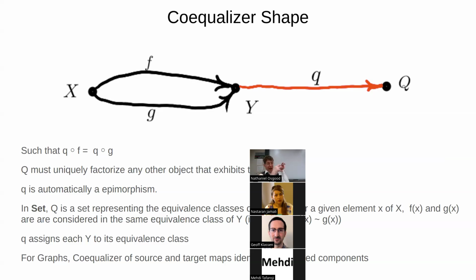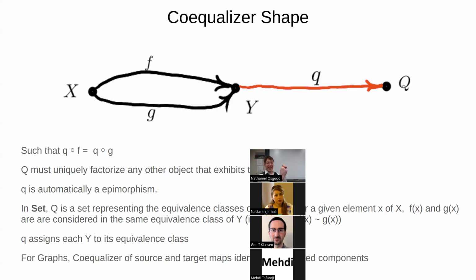Some things in X get stuck together in Y. Then G is going to map that same X to other things in Y. If a given vertex of graph X is mapped by F to one vertex of Y, and mapped by G to a different vertex of Y, they're going to be collapsed, right?